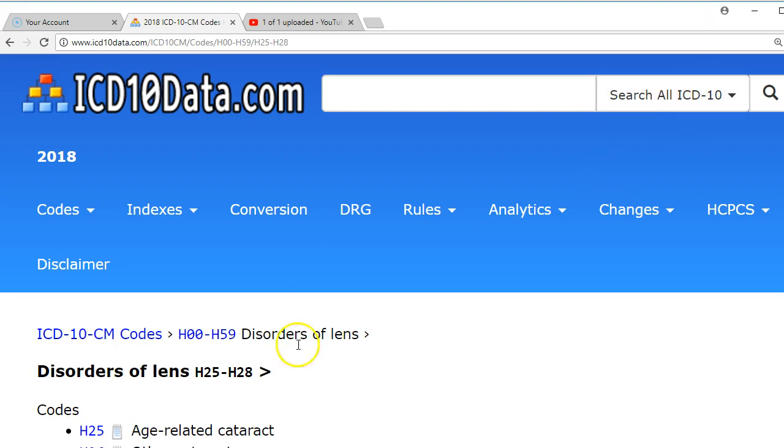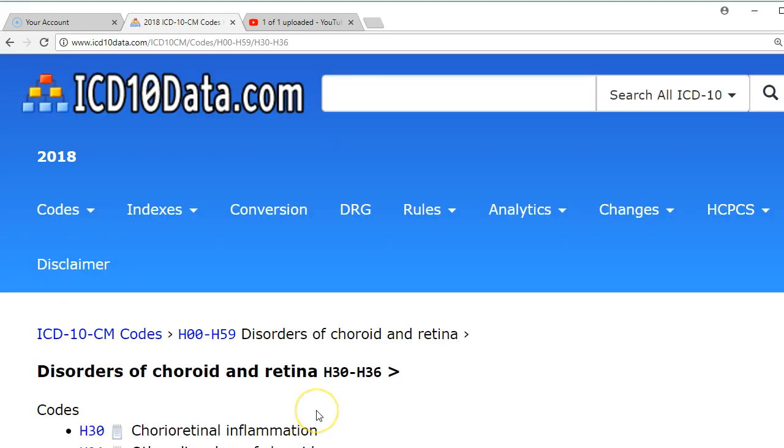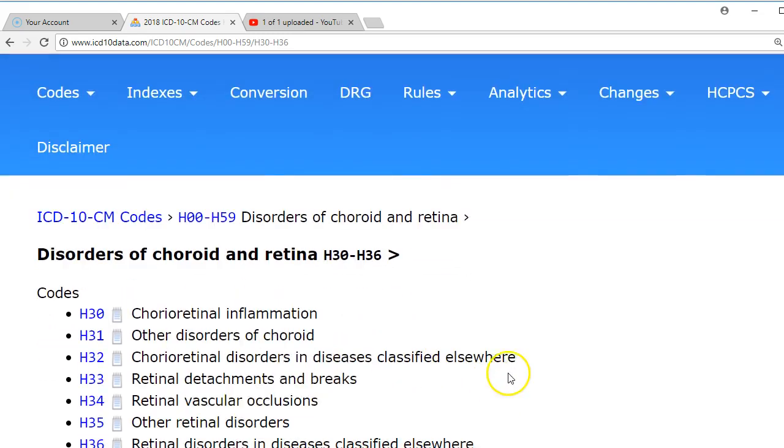Then we go on and we start seeing things like age-related cataracts, other disorders of lens, and cataracts in diseases classified elsewhere. H28 is used a lot to match with our diabetes codes, because cataracts are a general complication for those who are older, and especially a complication for those who are diabetic.